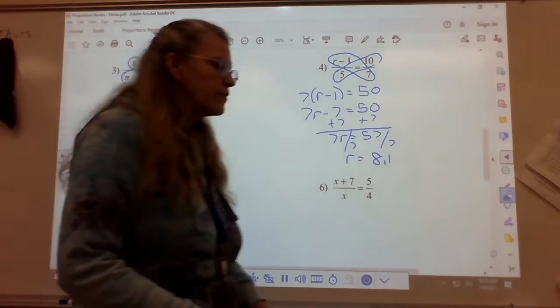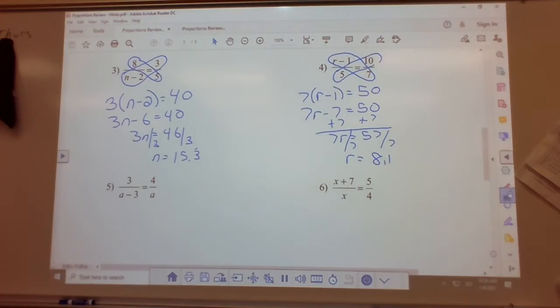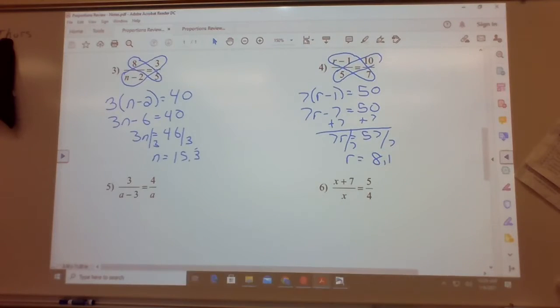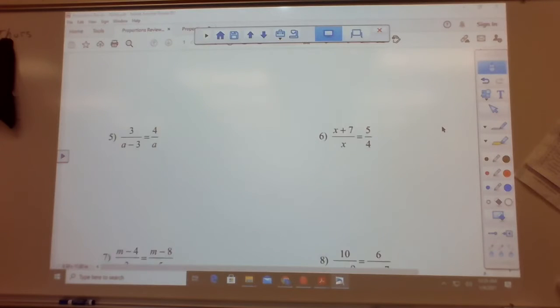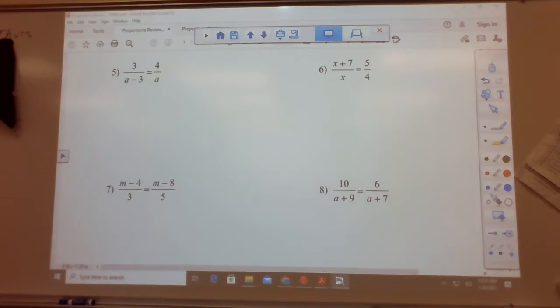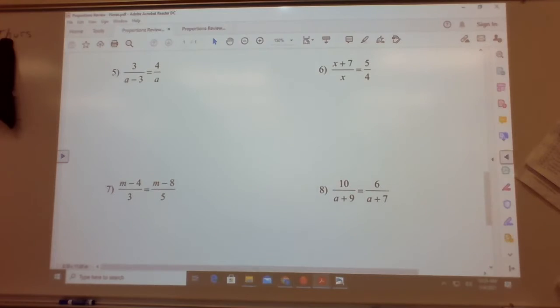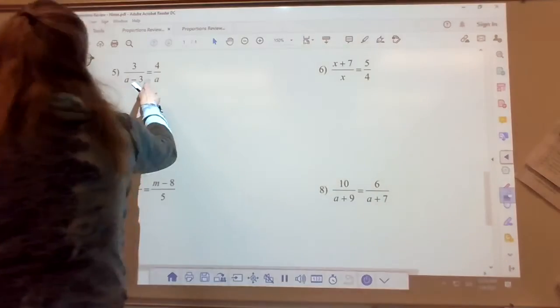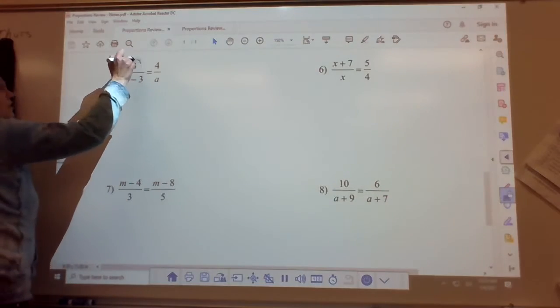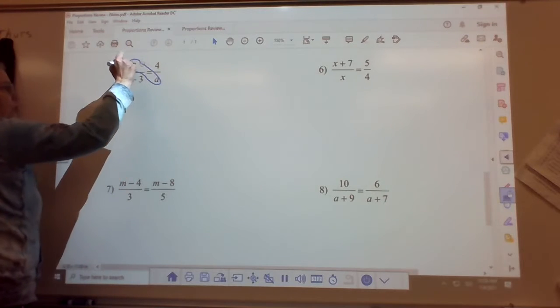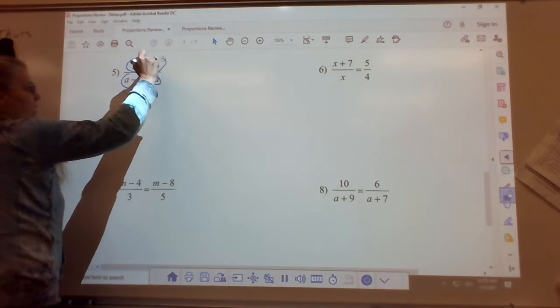Now let's take a look at 5 and 6. So 5 and 6, you can see it's even still a little bit harder. There are 2 different variables. Start it the same way as I did every other problem. Multiply those diagonals.